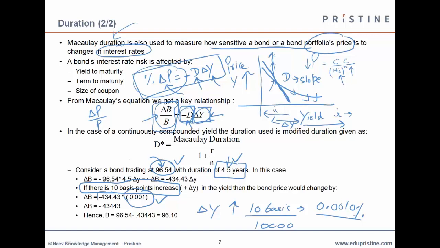You multiply these, put a negative sign, and you get this. What you see is the change in price is 0.43443. You know the original price. Since the interest rate has gone up, the price must drop, so the change is negative in nature. Current price minus the change is equal to the new price, and the new price is less than the original price.